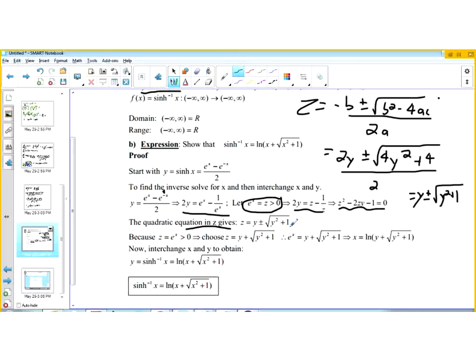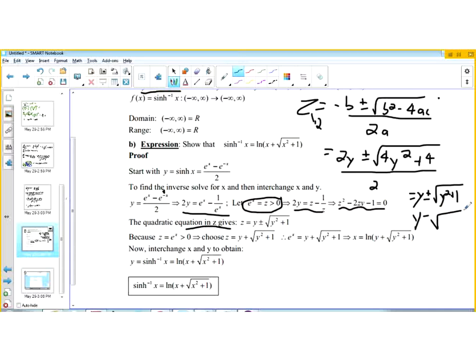Okay, so that came from the quadratic equation. And let's see here. So we have both a positive and a negative result for the choices for z. But because we know that the square root of y squared plus 1 is slightly greater than y, because the square root of y squared is the absolute value of y, which is a positive number, and if we add 1, we're just ever so slightly greater than y.